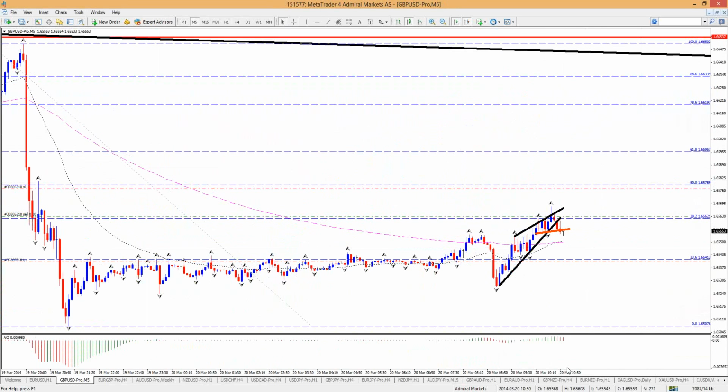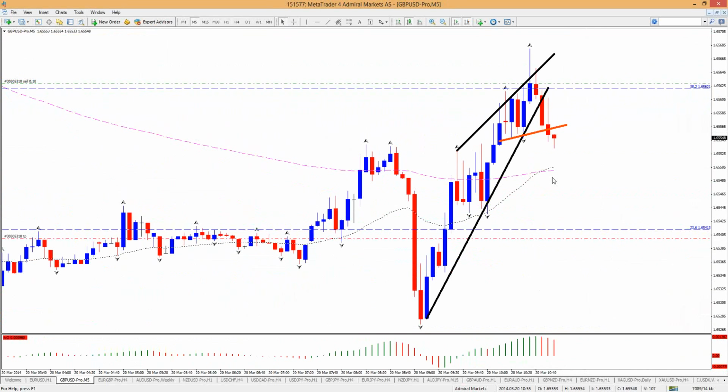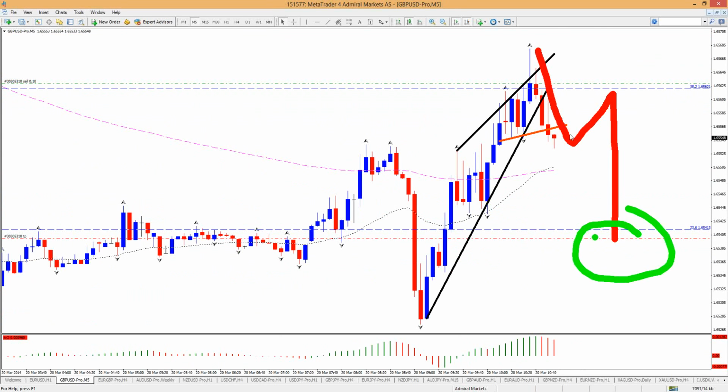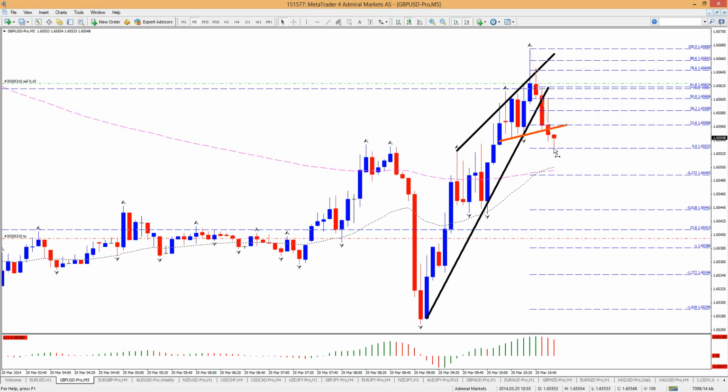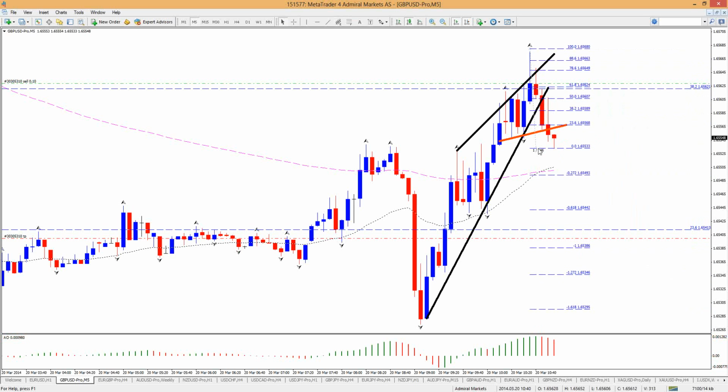So I think about it, because always the question is, how much of a pullback do you get before you get one more downside? The safest stop loss, to be honest, is still above this top.